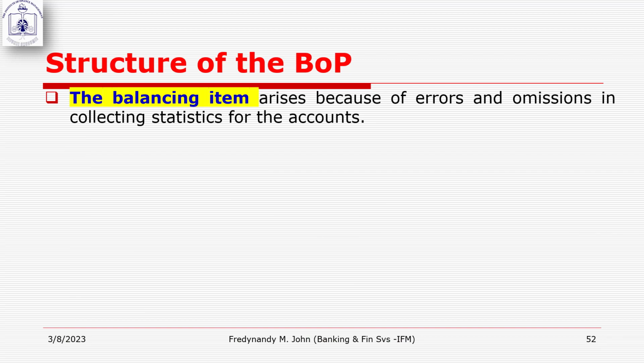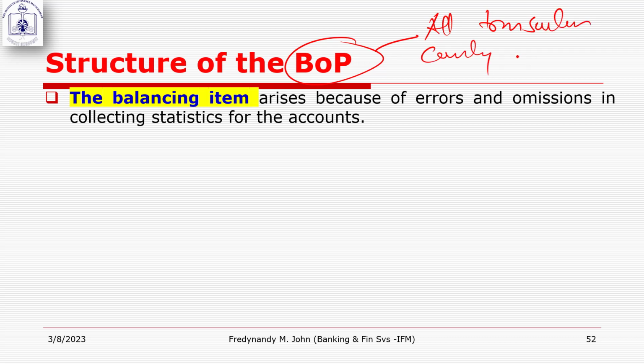Now, the last account is the balancing item. Balancing item arises because of errors and omissions in collecting statistics for the account. You know, the balance of payment records all transactions that your country has done in a specific accounting year.